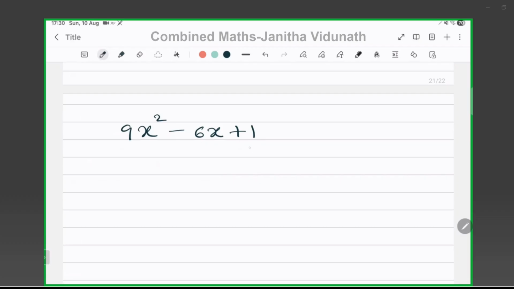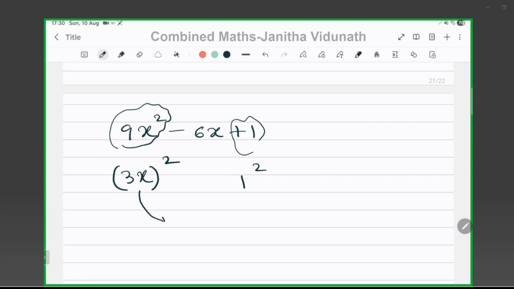Here we can simply identify this is the square of 1 and this is the square of 3x. Then we need to find 2 times the first term and the second term. It is 6x, and we can see the middle term is minus 6x.